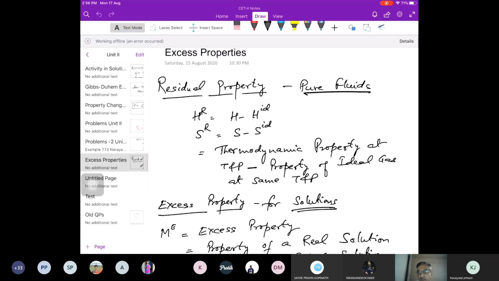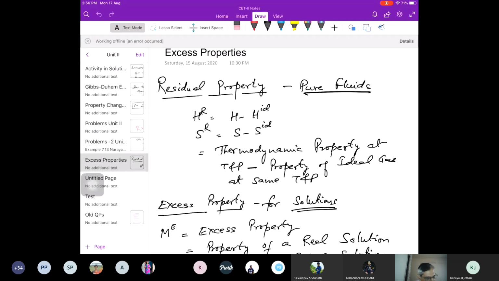Deviations from the ideal one. Yes, so it is essentially what we said, कि Raoult's law बोलो या Lewis Randall rule बोलो, that is applicable for ideal solutions. So if you want to account for non-ideality or real solutions, then we have to introduce a term called activity coefficient, which will tell us how much is the deviation from the ideal solution concept. ठीक है? Now we are going to go one step further and talk about excess properties.